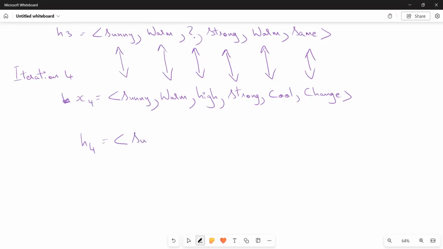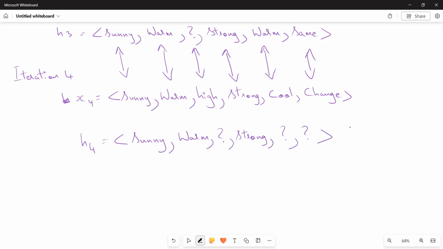So sunny and sunny is sunny, warm and warm is warm, and then a question mark, that is your generic, and high gives again a question mark. Strong, warm and cool gives you a question mark here. Same and change gives you another question mark.